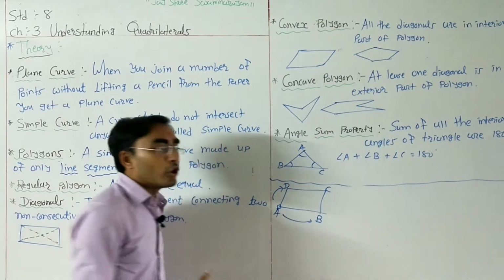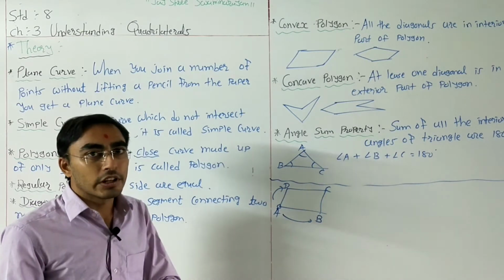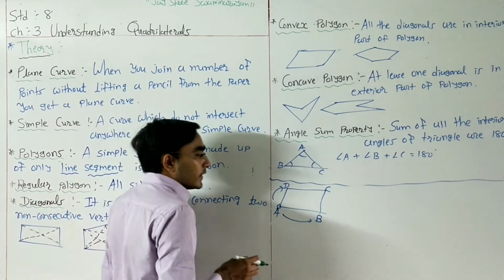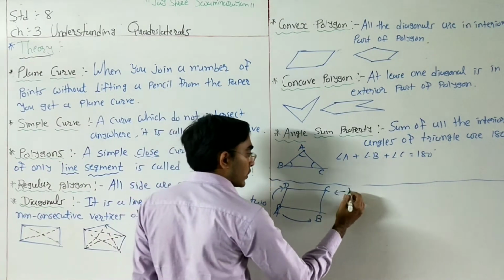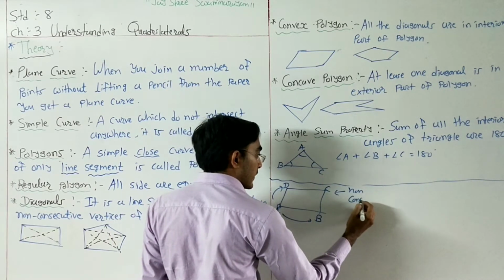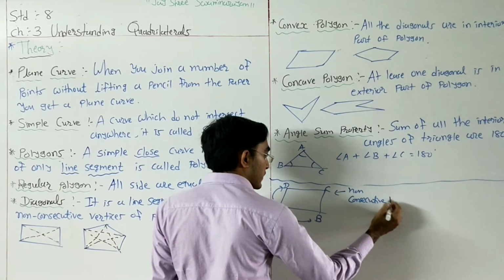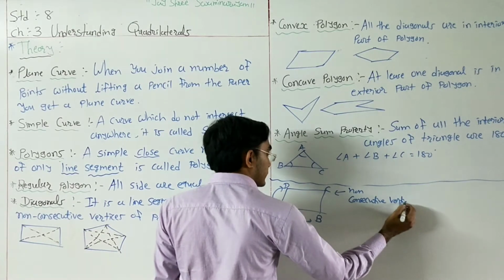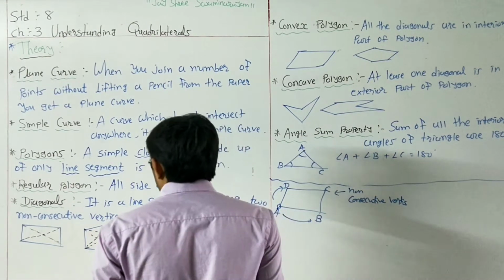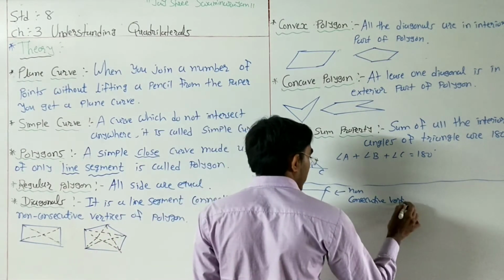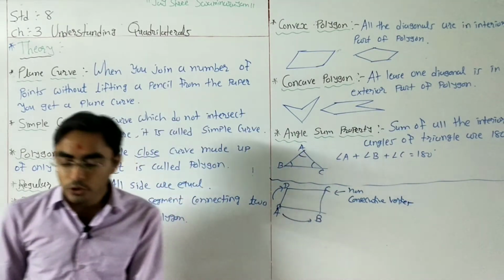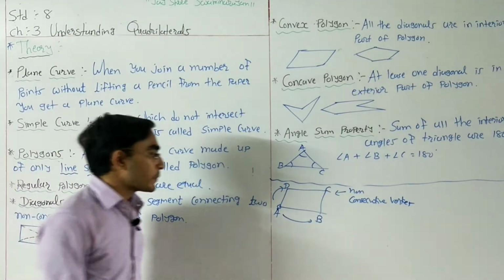B and D are both consecutive vertices. Now C is a non-consecutive vertex, right?